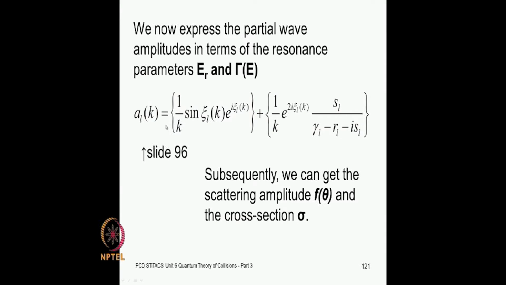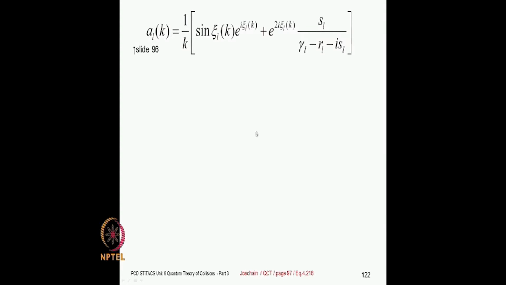And once we get the partial wave amplitude, we can then get the scattering amplitude, and once you have the scattering amplitude, you can get the scattering cross section itself, which is a major quantity of interest, and this will lead us to the Breit-Wigner formula and subsequently to parametrization of the resonance profiles in terms of what are famously known as the Fano shape parameters Q and epsilon, which I will be defining in the coming few classes.